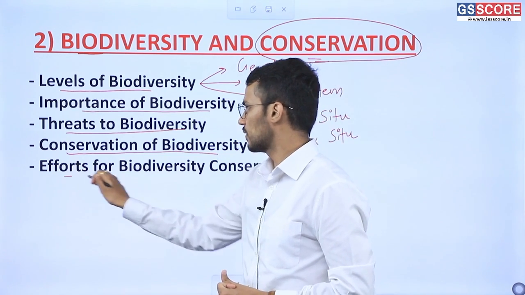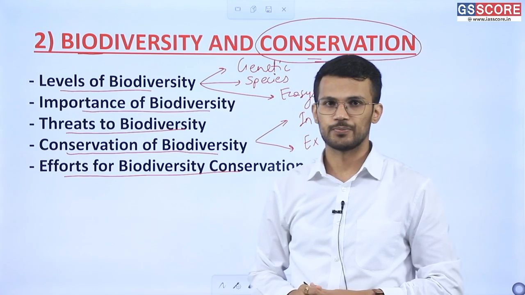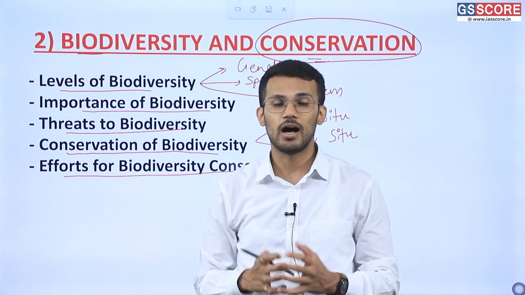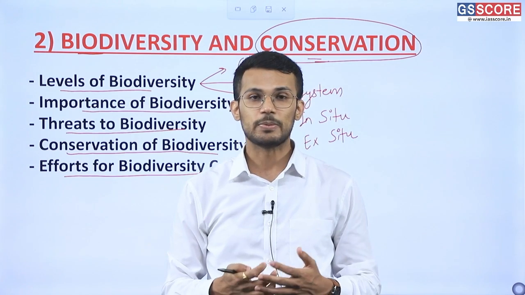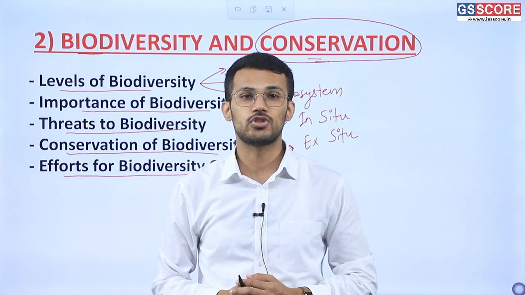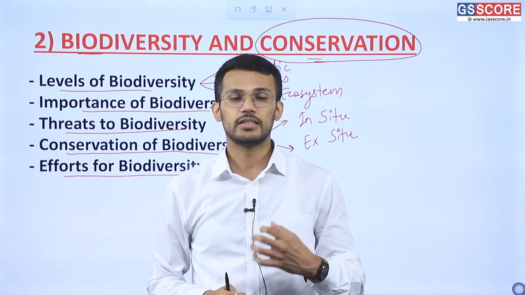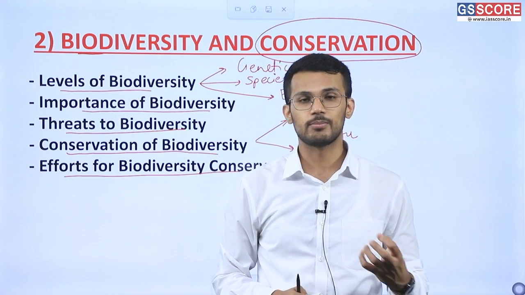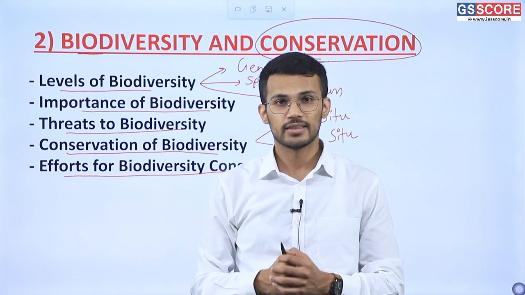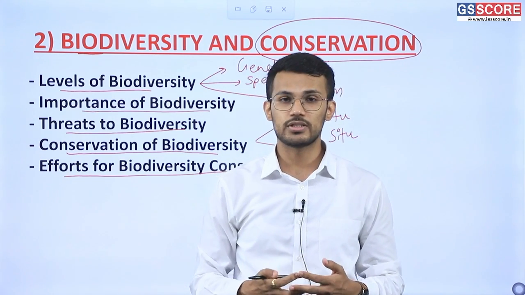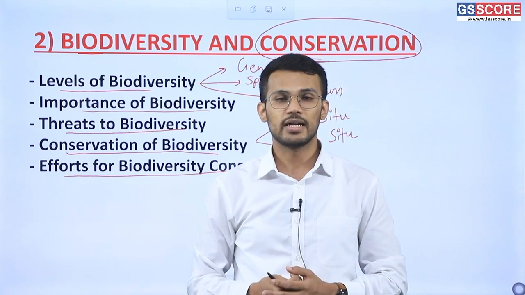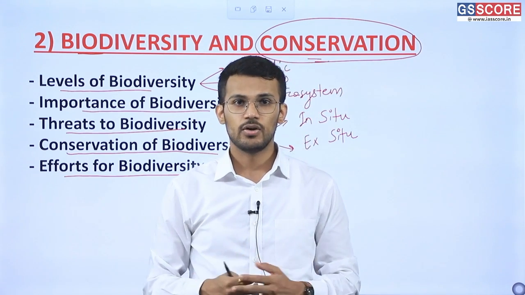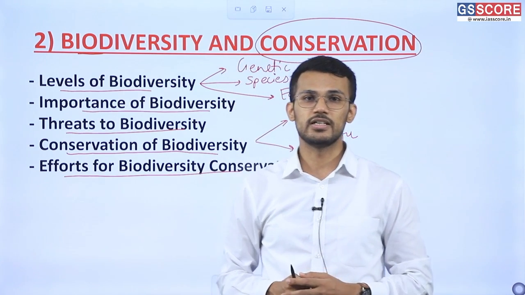Then efforts for biodiversity conservation. As human beings are the factor because of which biodiversity has been threatened, it is our responsibility to make sure that the threats are reduced and biodiversity is conserved. And that's why there are many efforts that have been carried out both at the international level as well as at the level of India, through which biodiversity is conserved.